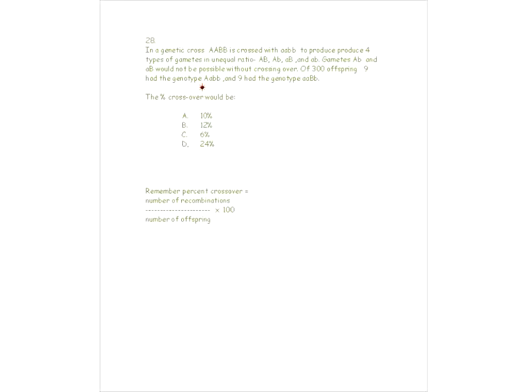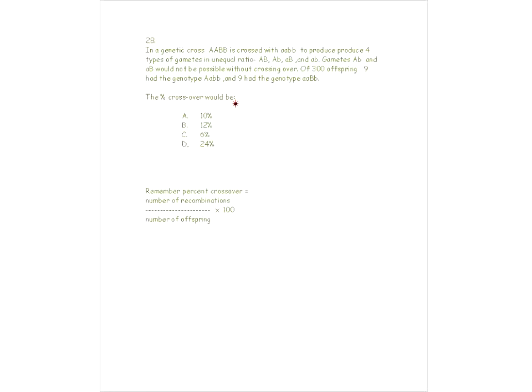These particular individuals, these 9 and these 9, are what we call recombinants. They only could have occurred if recombination had happened. So we call those the recombinants.